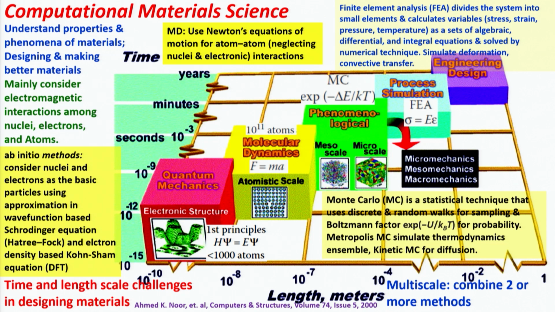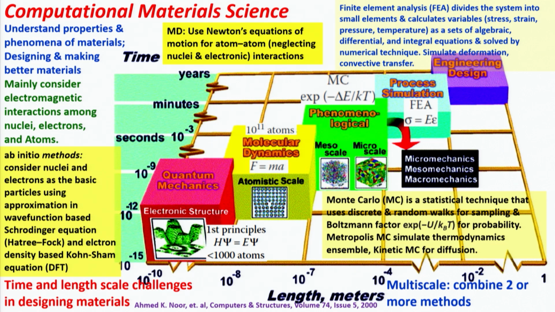This electronic or ab initio method, we can use only for maybe less than 1000 atoms. Then we move to molecular dynamics, which is the main topic for today's lecture. Essentially, we can go to a little bit larger size, maybe 10 to the power 10 atoms, where we solve the Newtonian law of motion, like force equals mass into acceleration, and this is essentially called the atomic scale.